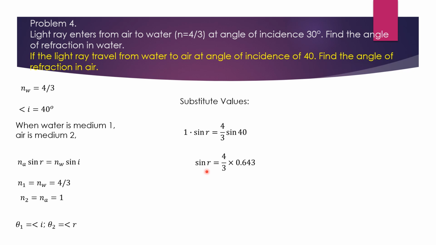Now sine r is equal to 4 by 3 into 0.643. This is the value of sine 40. Making this calculation results in sine r equal to 0.857. This is an approximate value, remember. Now, in order to calculate r, we take the sine inverse of 0.857, which is approximately equal to 59 degrees. And that is the angle of refraction in air when light moves from water into air.